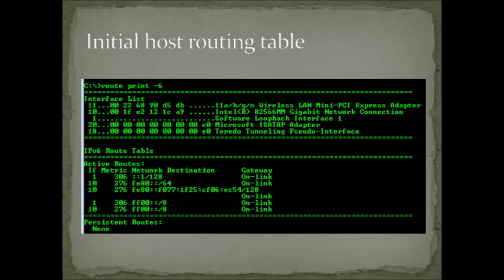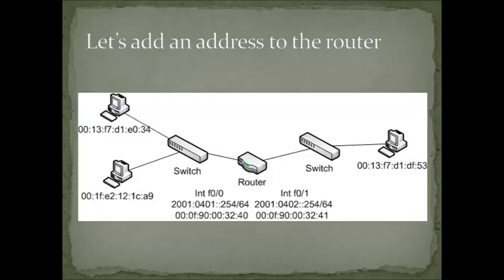Okay, our next step is to add the router. To do this, we're not only going to enable the interfaces, but we're also going to give the routers what's called a global unicast address, because the router is going to be used to get us in between networks, and we want to be able to identify our different IPv6 networks.